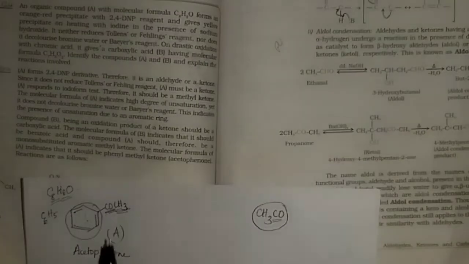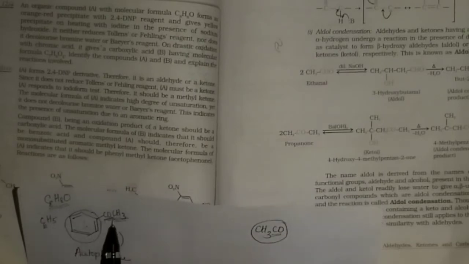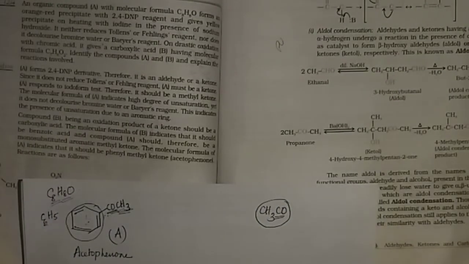So, from this first sentence, the molecular formula C8H8O forms an orange red precipitate with 2,4-DNP reagent and gives a yellow precipitate on heating with iodine in presence of sodium hydroxide. So the 2,4-DNP test is given, then it is an aldehyde or ketone.